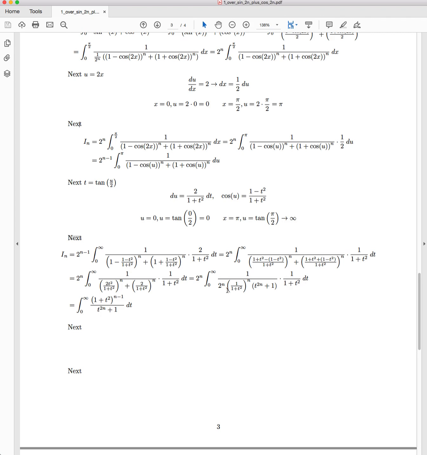So again, in multiple steps here, 1 plus t squared to the power of n gets flipped up to the top, but then it becomes minus 1 because of this term here. What we have remaining on the denominator is just what's left over, t to the power of 2n plus 1. And you'll see here this 2 to the power of n, which is just a constant. If we bring that out the front, it just cancels out with the term that's already there. Okay, so now we've got this expression to integrate, and believe it or not, that is much, much simpler to integrate, and it actually has a very simple form.